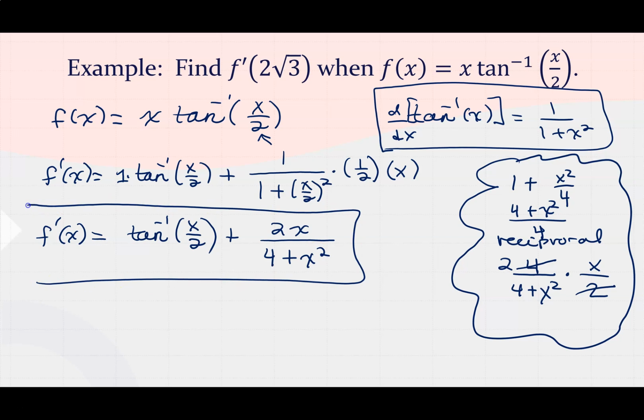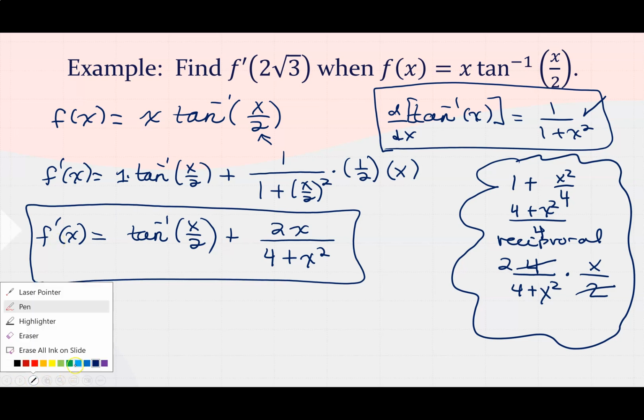That's some fancy algebra for you, but that's one way that we apply the derivative of inverse tangent. The question really isn't asking for just the derivative function. It is asking for the derivative at a particular point.